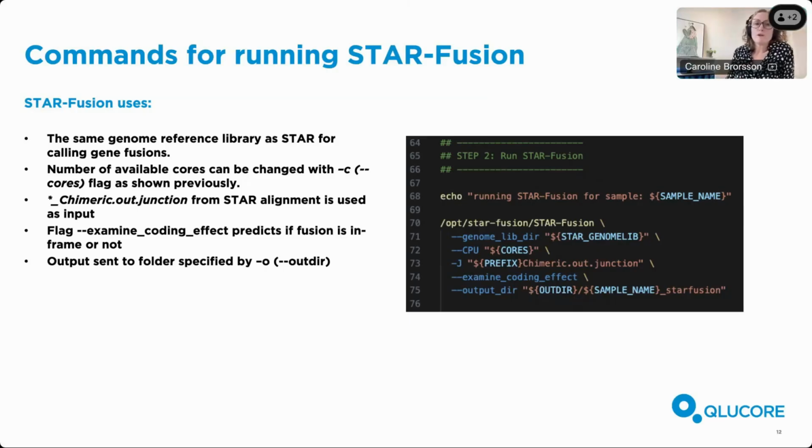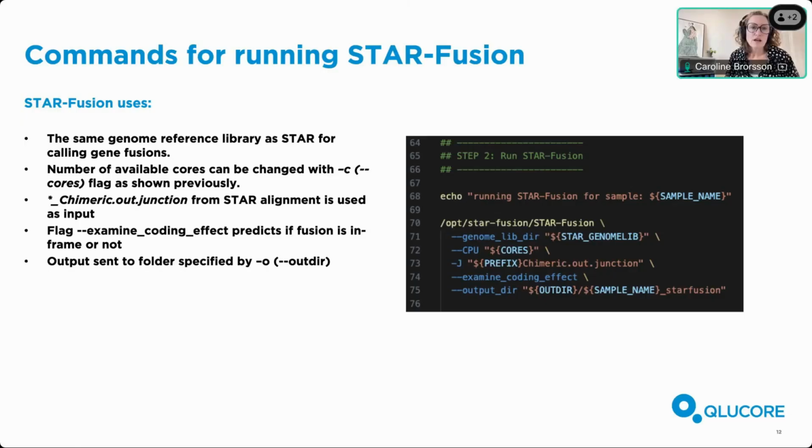And then when we've run STAR, we run STAR-Fusion. It uses the same reference library as STAR. Also here you can change the available cores. As I said, STAR-Fusion uses the chimeric out junction file from STAR alignment as an input, and this file collects all the chimerically aligned reads that STAR detected.